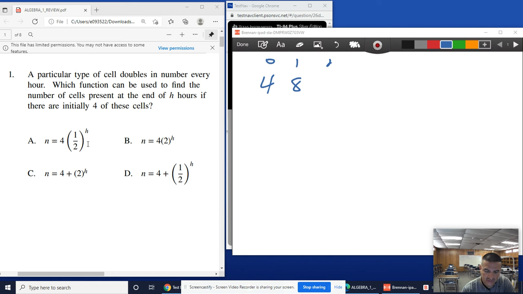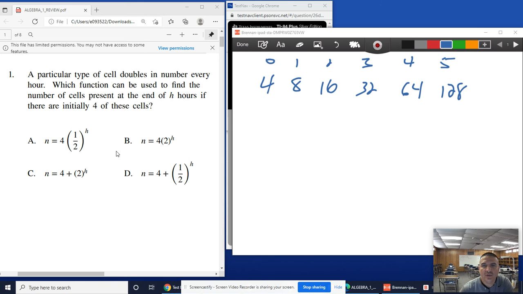After 2 hours, it goes to 16. After 3 hours, it goes to 32. After 4 hours, it goes to 64, right? 5 hours, it goes to 128, right? So I'm just doubling the number every time.